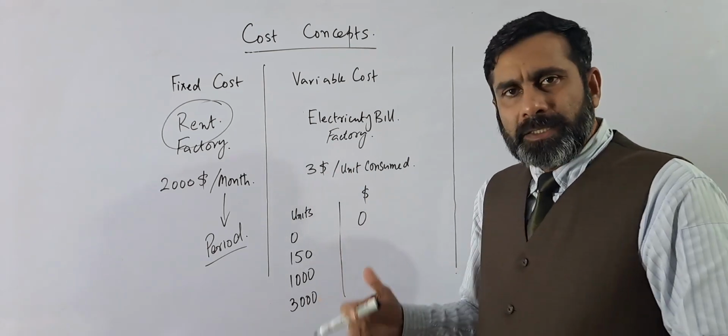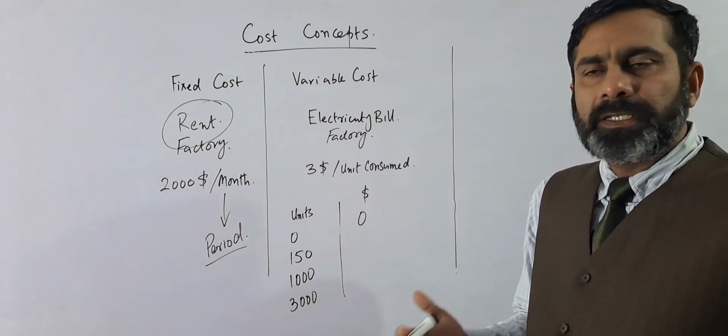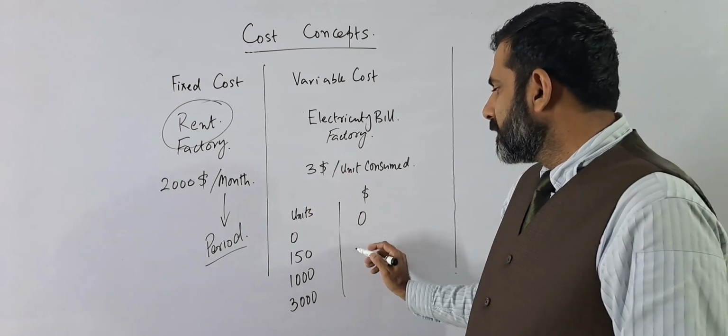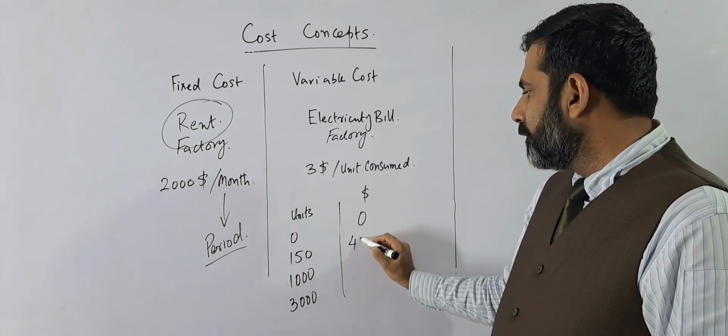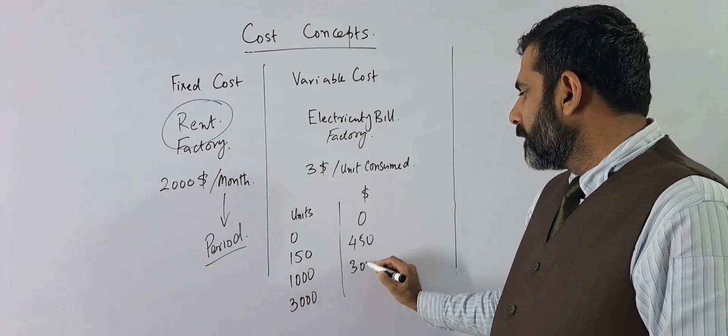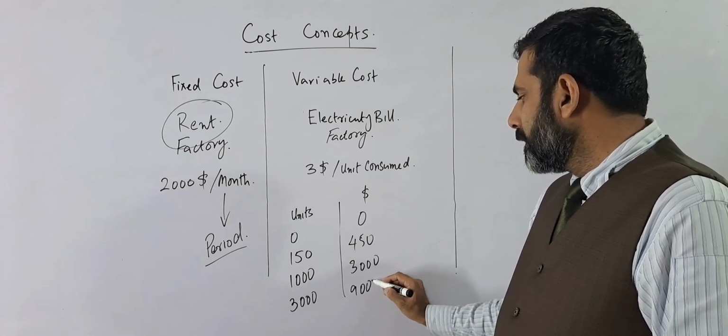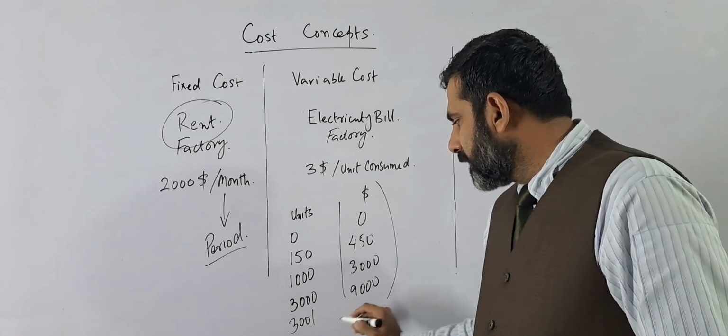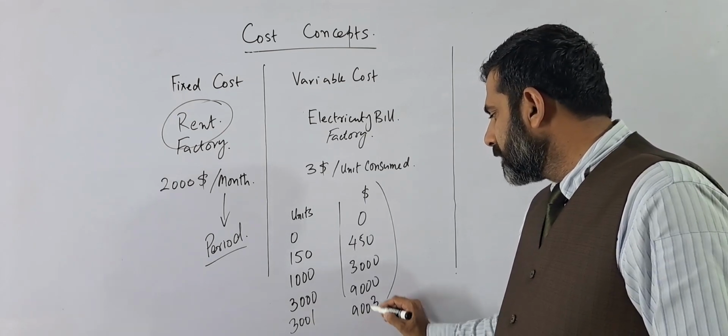But the next month they have started the factory, they have started the production, they have consumed 150 units of electricity. So they have to pay how much? 450 here, 3,000 units gives 9,000. And if it is 3,001 units, they have to pay 9,003.